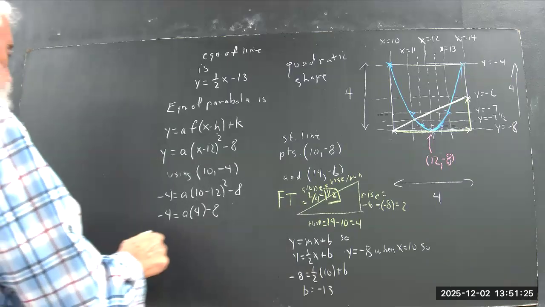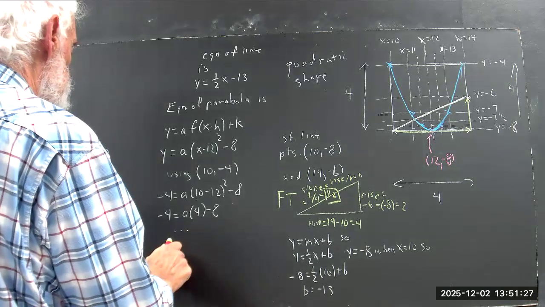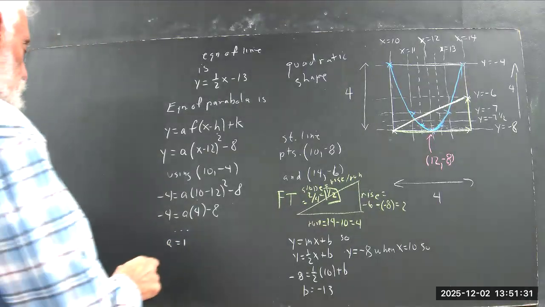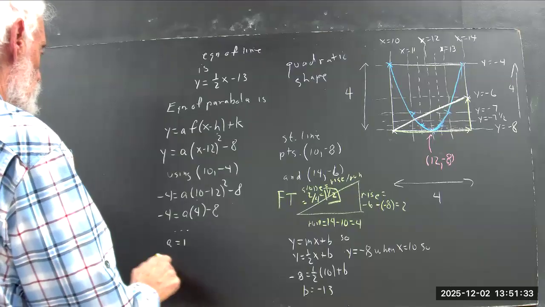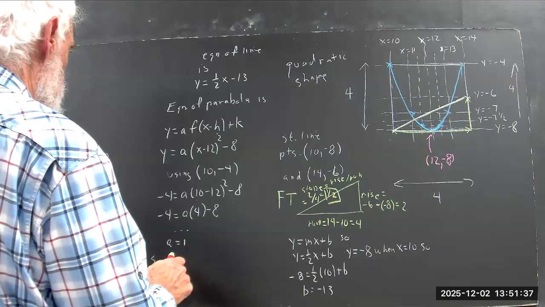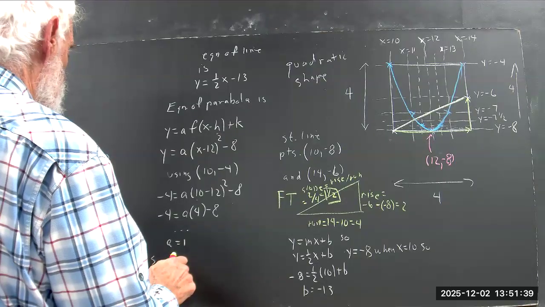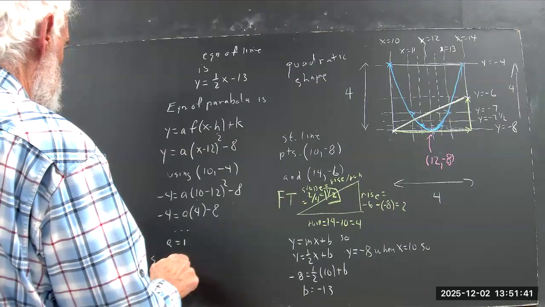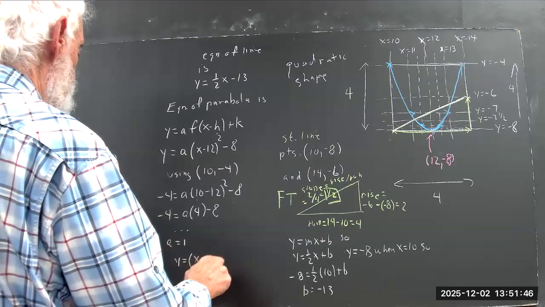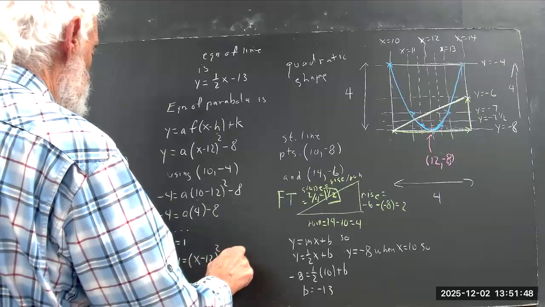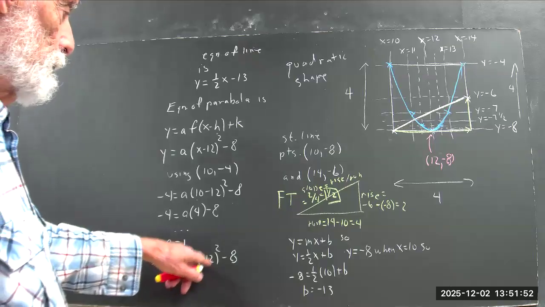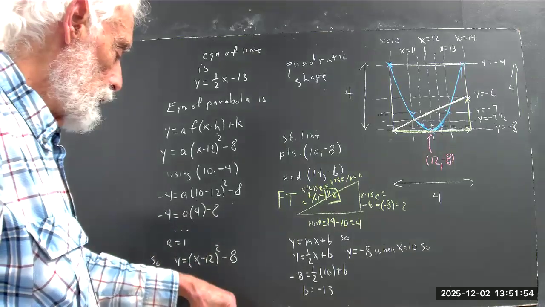No, it isn't. We get a equals 1. So we have y equals (x minus 12) squared minus 8.